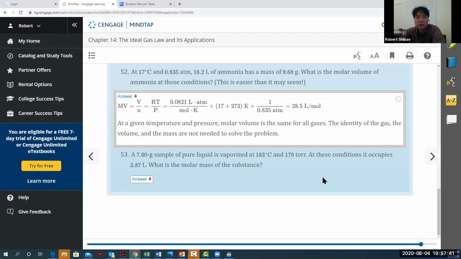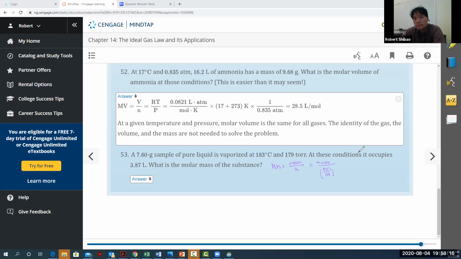The equation is that the molar mass is equal to, that could be a useful equation to know. So the molar mass is equal to the mass over N. And we know that N is equal to PV over RT. So it's the mass divided by PV over RT.